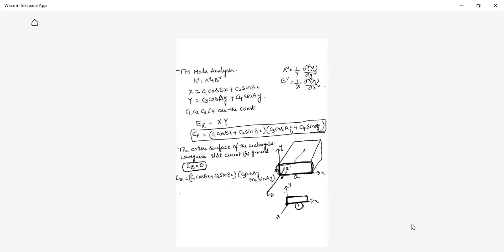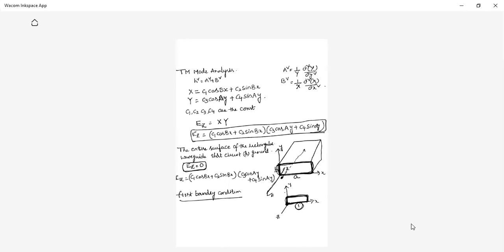So what is the first boundary condition? All of you have to understand. According to the boundary condition, the entire surface of the rectangular waveguide acts as ground or short circuit, so the field component becomes 0.